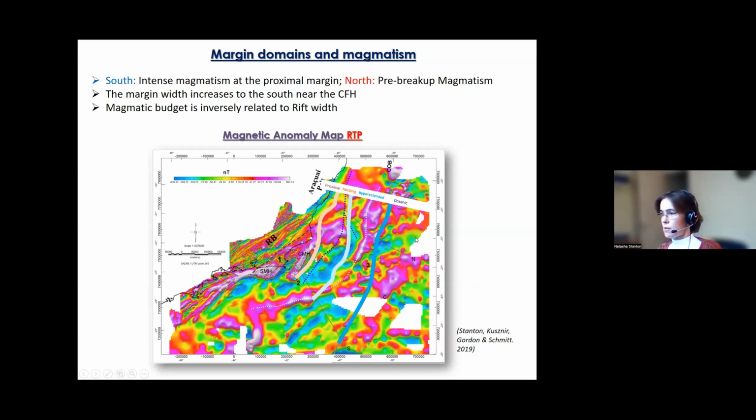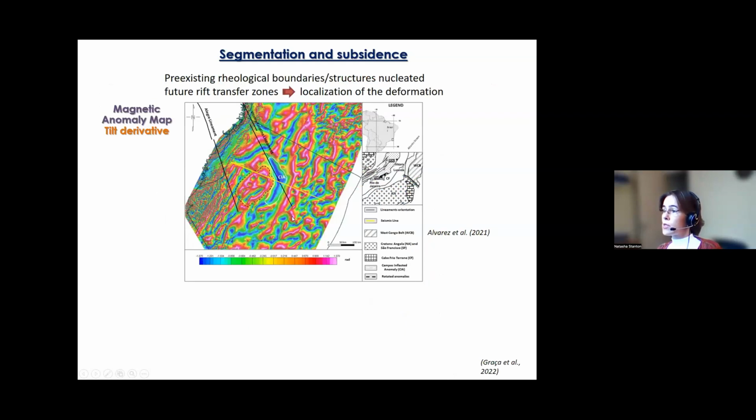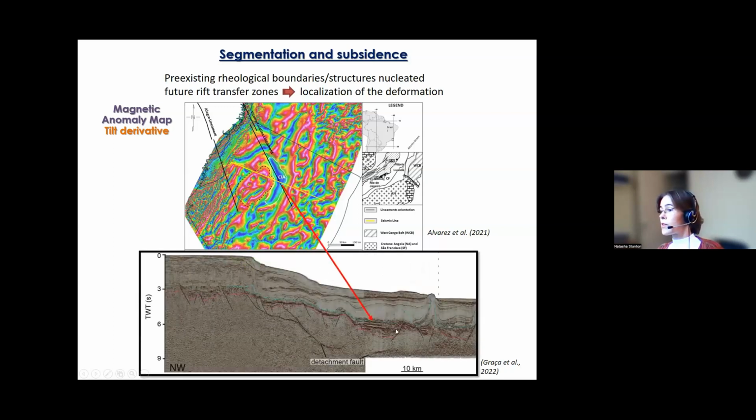In this residual map from the magnetic anomalies, we see this anomaly here, this blue area, which was interpreted by Alves as the Campos inflected anomaly. We see on this map that the main structural trends in this basin are northeast-southwest, but they are segmented by this anomaly here. And this area corresponds to this very deep depocenter in the basin.